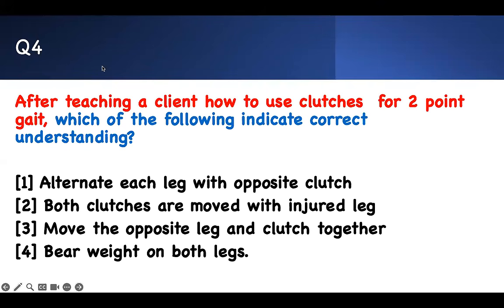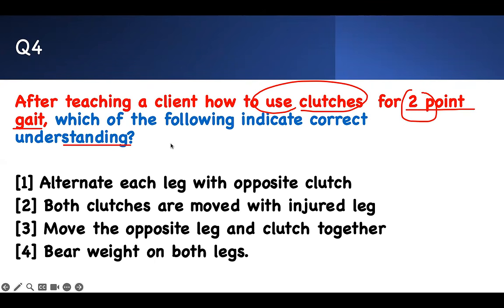Number 4, after teaching a client how to use crutches, the same thing. For 2-point gait, you have to know the type of gait. There's the swing-through, the 2-point, 3-point, and 4-point. Which of the following indicates correct understanding? How do you understand 2-point? Sometimes you have to think about it carefully.